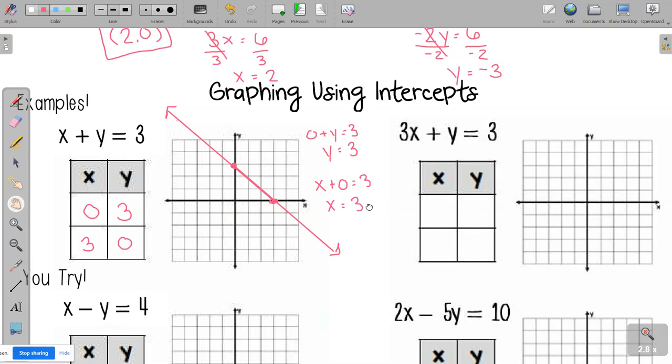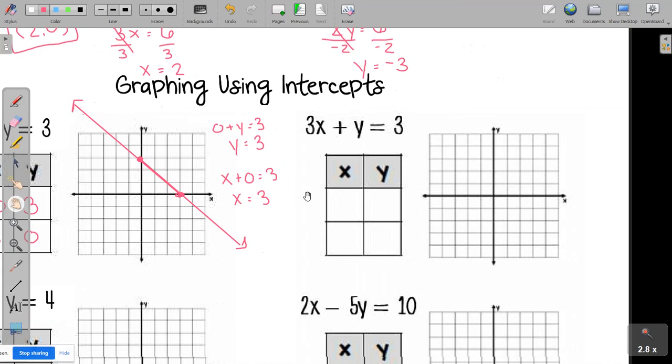Okay. Now let's look at the next problem. 3x plus y equals 3. Substitute 0 in for x. So we have 3 times 0 plus y equals 3. 3 times 0 cancels out, so we just get y equals 3.